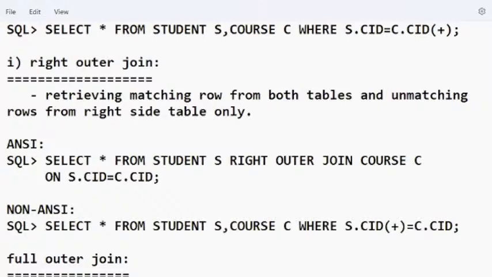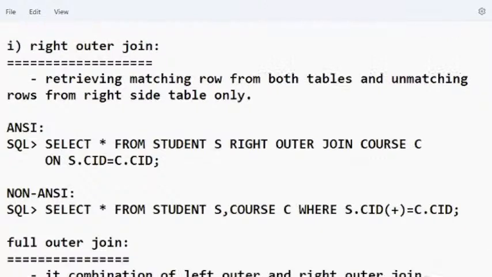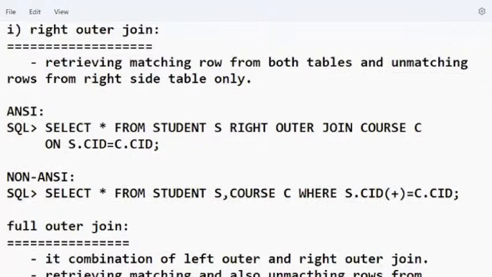So what happens is that it retrieves matching and also unmatching rows from both the tables at a time.